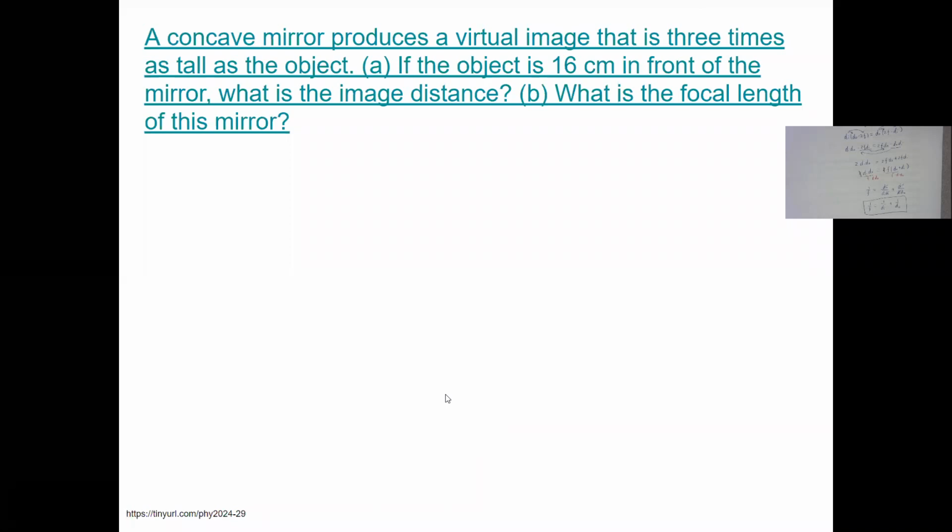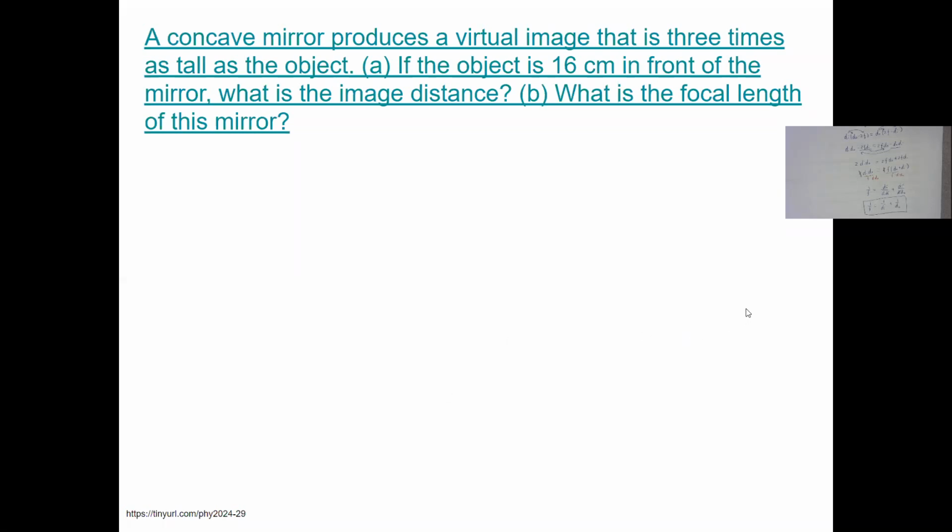Let's take a look at one example here. This one says a concave mirror produces a virtual image that is 3 times as tall as the object. If the object is 16 centimeters in front of the mirror, what's the image distance, and what's the focal length of this mirror?